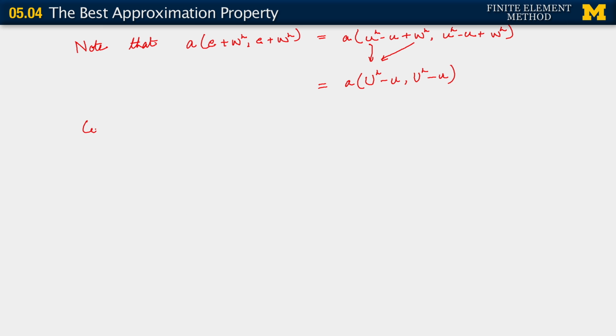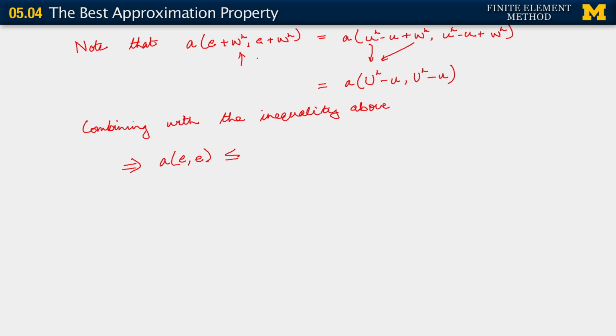So combining with the inequality above, the inequality that we came upon just a few minutes ago, we see that that inequality, which is A of E comma E, is lesser than or equal to this term.